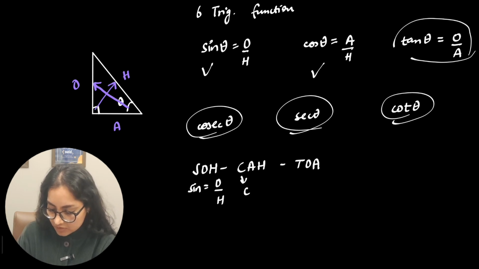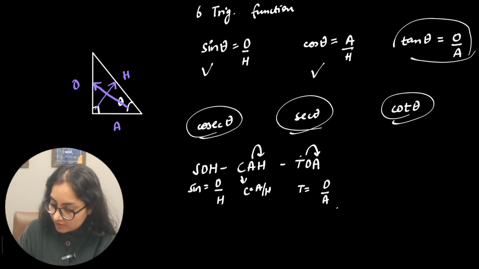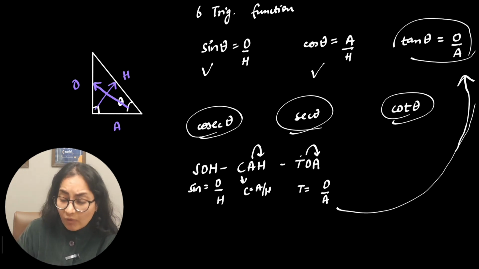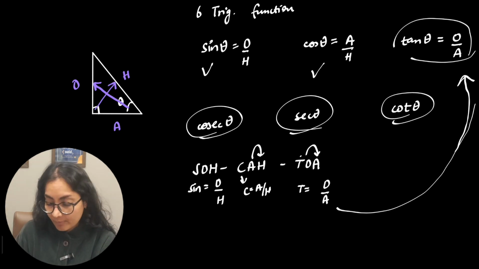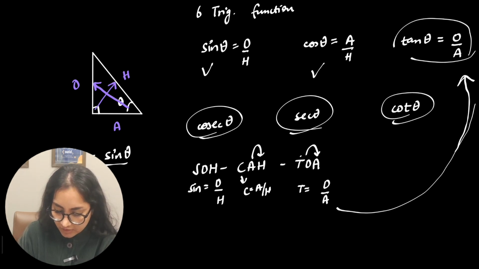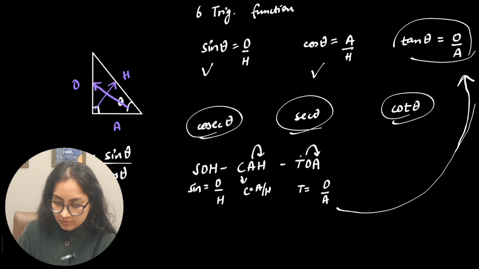C for cosine, which is adjacent divided by hypotenuse. T for tangent, which is opposite divided by adjacent, which I have written here. Now, why I said that you only have to remember these two is because tangent theta is equal to sine theta divided by cosine theta.